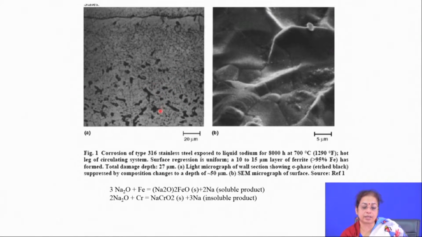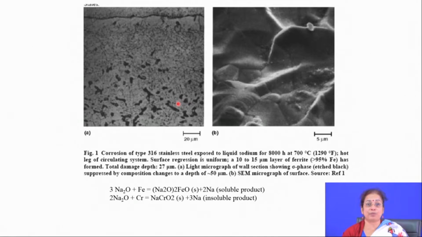This is the case for 316 stainless steel exposed to liquid sodium at 700 degrees Celsius for 8000 hours. You can understand this liquid metal corrosion, because stainless steel is very much used as a can for carrying liquid sodium. After 8000 hours of exposure this kind of problem may happen, and you will find that the surface of the stainless steel got roughened and leached away, and also got embrittled to a large extent, with loss of ductility.